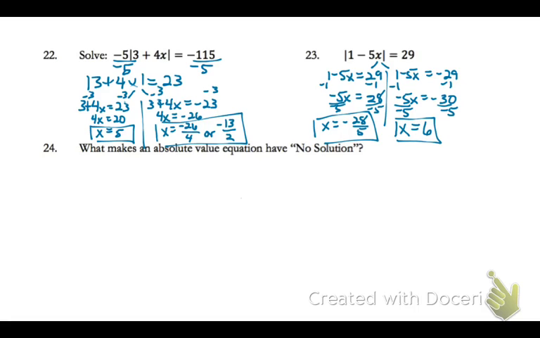What makes an absolute value equation have no solution? Well, remember, by definition, absolute value has to be positive. So if an absolute value is set equal to a negative number, there is no solution. There's nothing that you can take the absolute value of that will be negative.